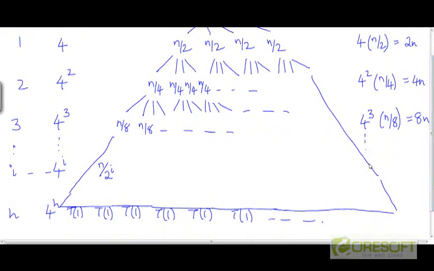At the ith level, there are 4 to the power i nodes. Each node has a cost of n by 2 to the power i. So this will be n times 4 by 2, the whole thing to the power i. So that will be 2 to the power i multiplied by n.